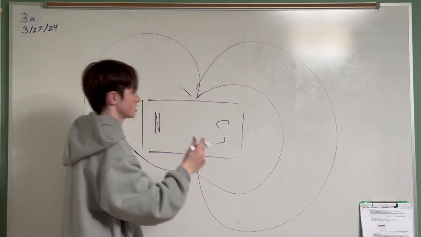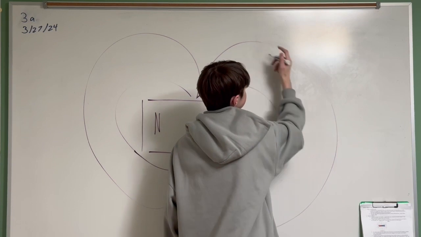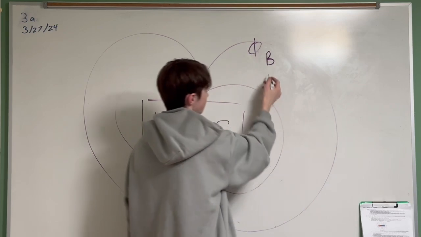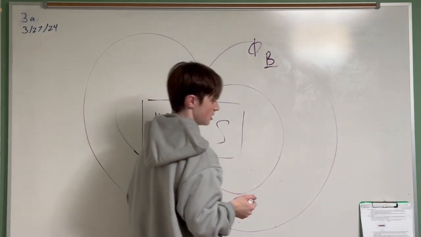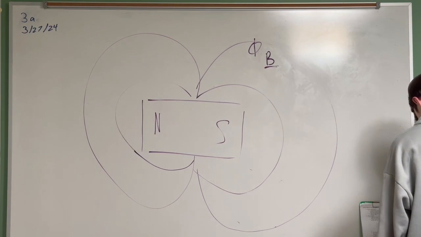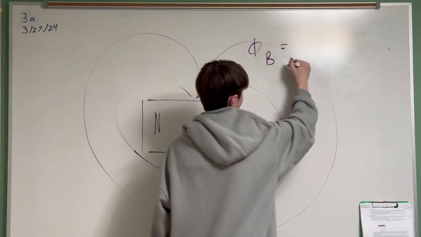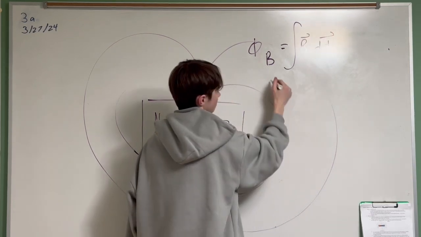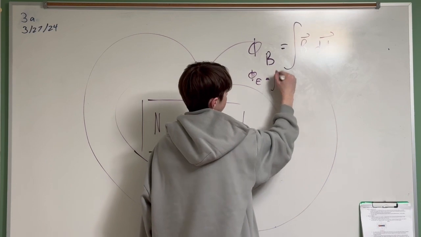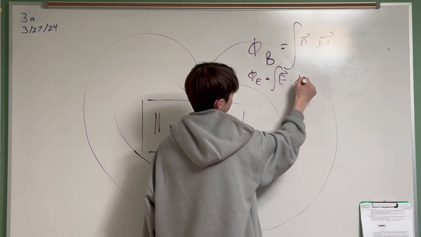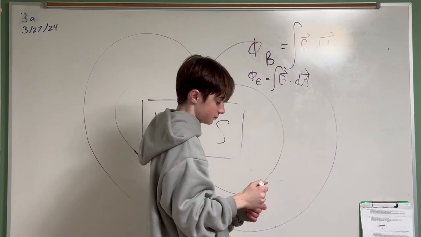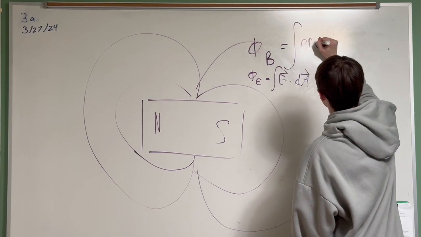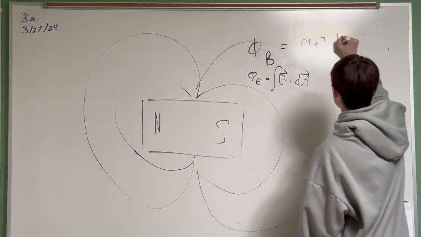So magnetic flux is equal to, as you can probably guess, flux B. By the way, B represents a magnetic field, and B is measured in Teslas. So magnetic flux is equal to the integral of B dot dA, just like the formula for electric flux, which is the integral of E dot dA. And B is measured in Teslas, and then magnetic flux is measured in Webers.